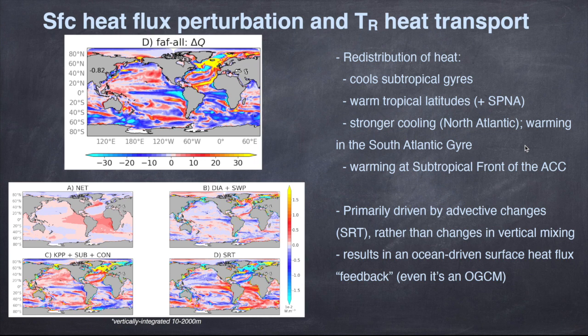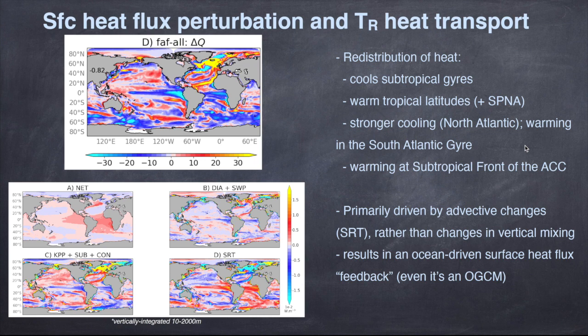And it's important also to highlight here that the warming caused by the SRT modifies, of course, the sea surface temperature, and that imprints this redistribution feedback in the surface heat fluxes. So where the ocean gets warmer because of the heat storage, the ocean loses heat to the atmosphere.